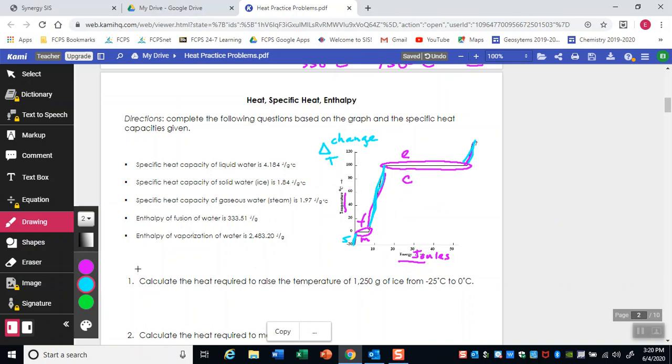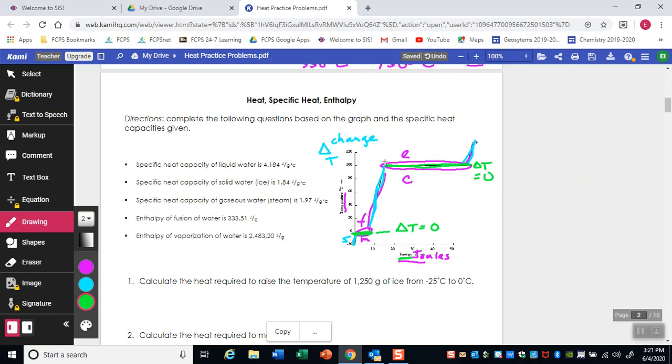When you have a phase change, the interesting thing is that the temperature stays the same. But you are adding energy. So there's the same temperature, the delta T right here, my change in temperature is 0. There is no change in temperature. It's staying the same temperature, but I'm adding energy.